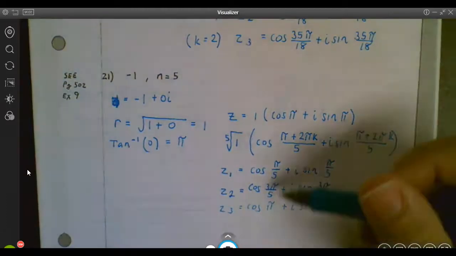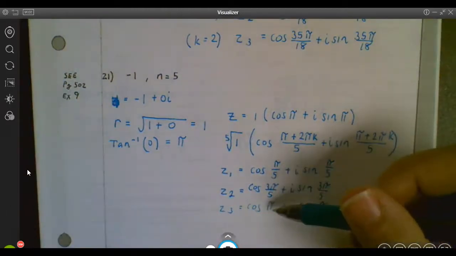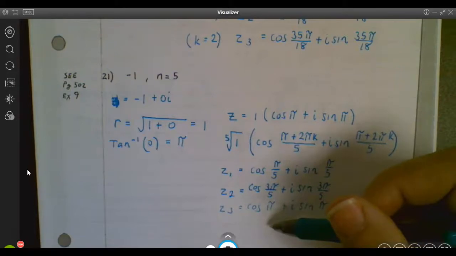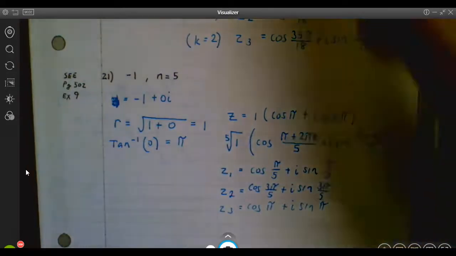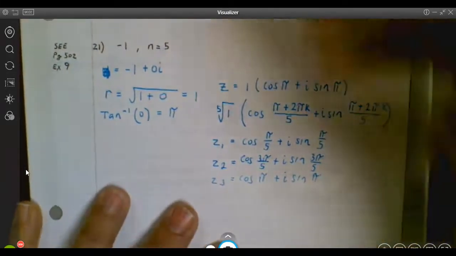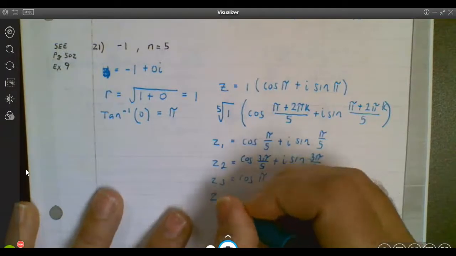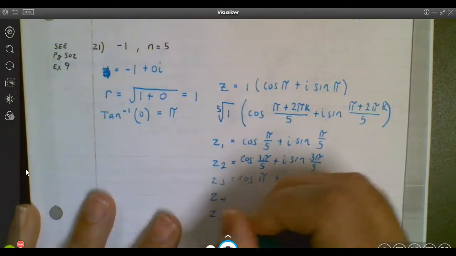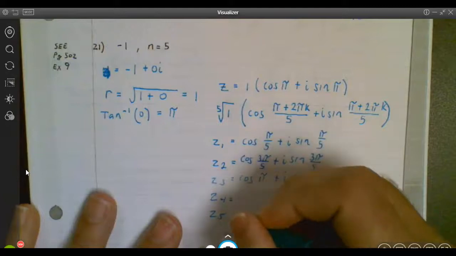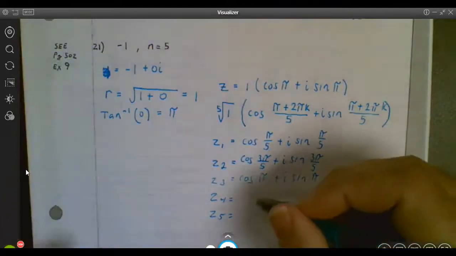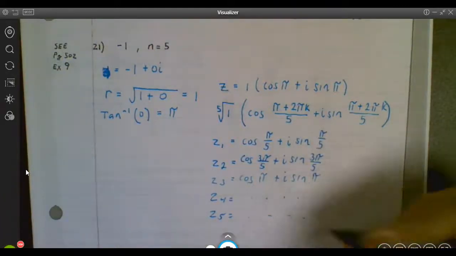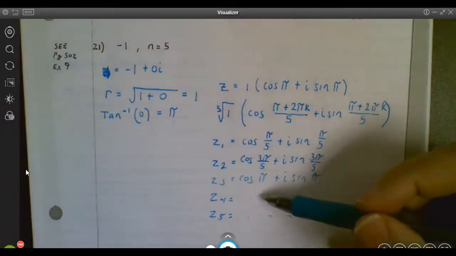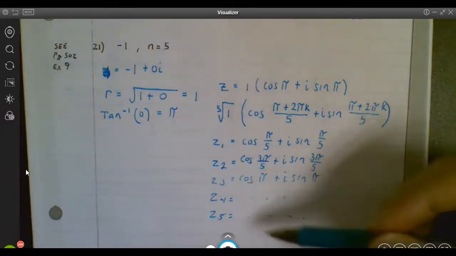Guys, you might notice a pattern on this: 1/5, 3/5, 5/5, 7/5, 9/5. So you might start recognizing some of those patterns, and that'll save you some time if you can recognize those. So I'm not going to fill those out, but you guys get the idea. So this is going to become 7 pi over 5 and 9 pi over 5.